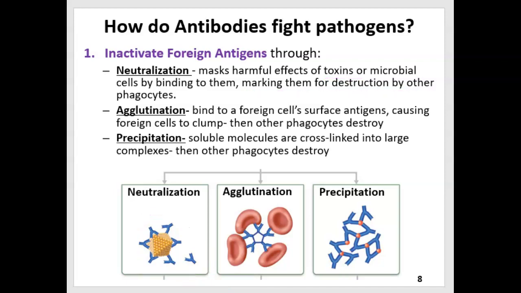Another thing that antibodies do is called agglutination. In this case, the antigen is on a foreign cell, because agglutination means the clumping of cells. So the antibody has bound to a cell, and because the stems can interact, well, IgM is already a pentamer, but the stems can still interact, and you get clumping together of all those foreign cells.